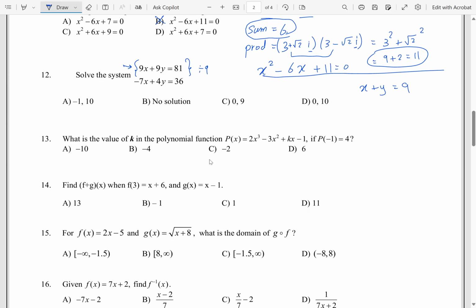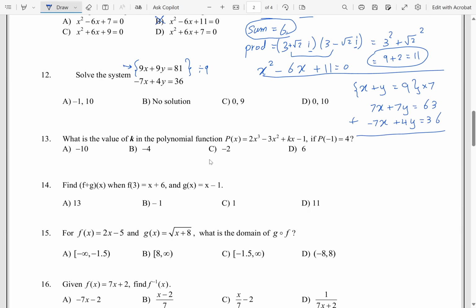The second equation is negative 7x plus 4y equals 36. Take the resulting equation from the first one and multiply it by 7 to get 7x plus 7y equal to 63. Then write the second equation under it and just add.